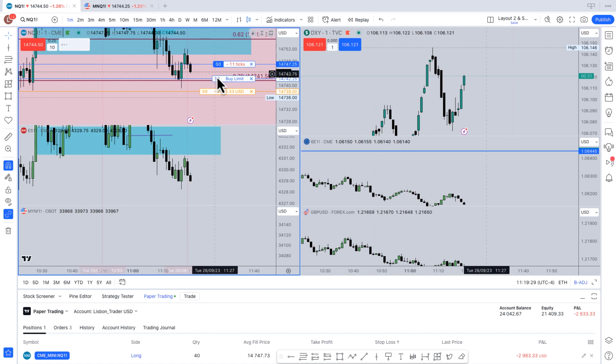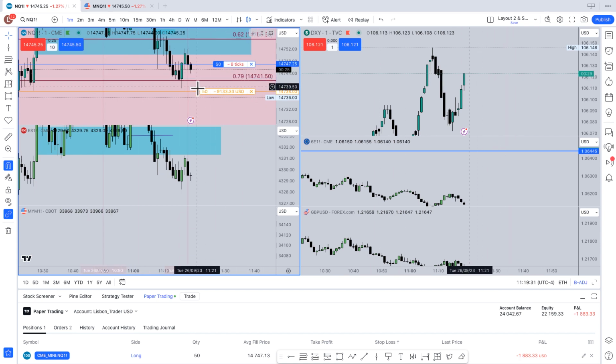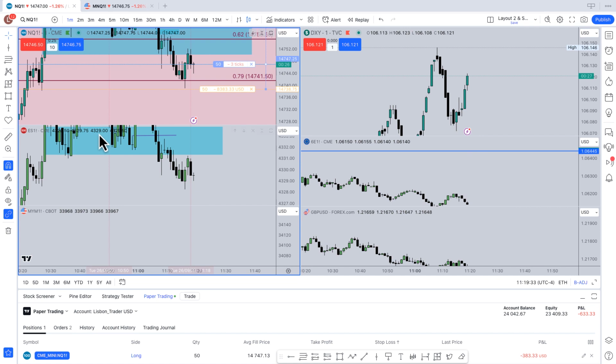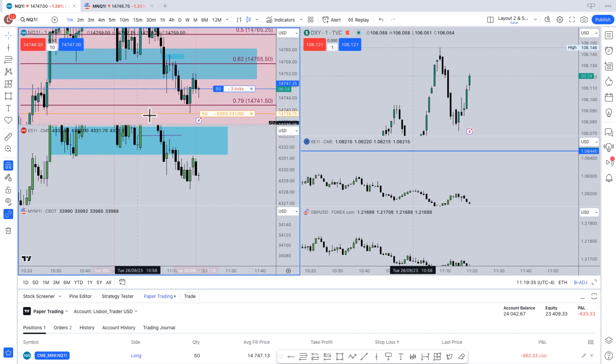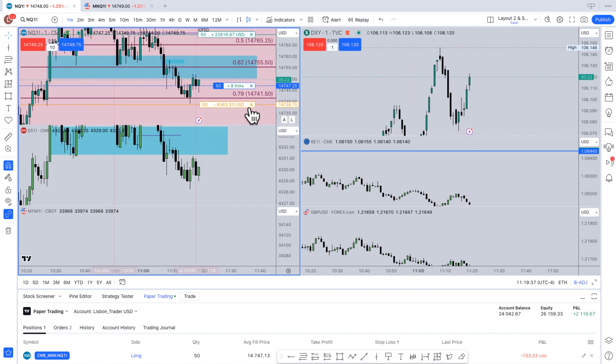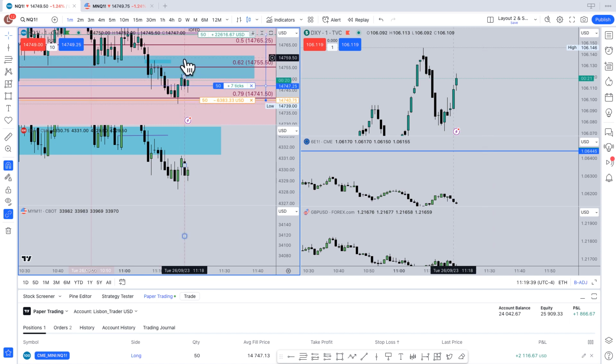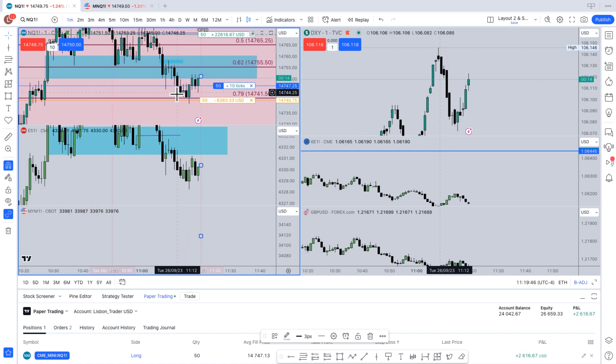So let's buy and then wait until it starts pushing higher there. And normally it's at 11:20. So between this, okay. 1, 2, 3.